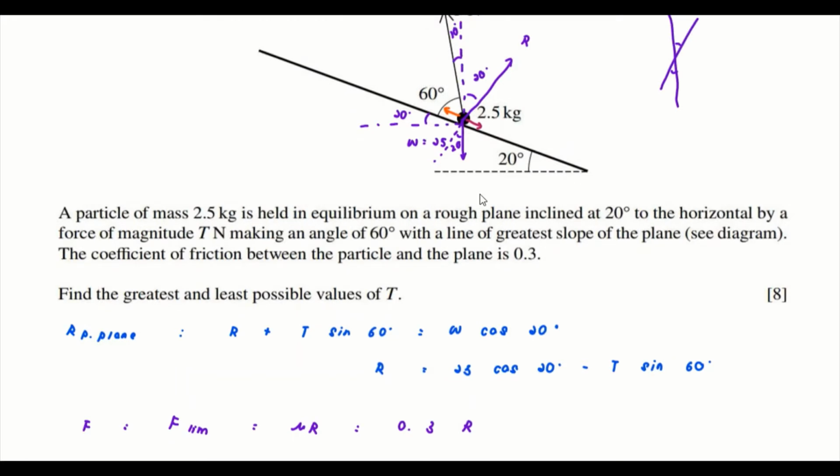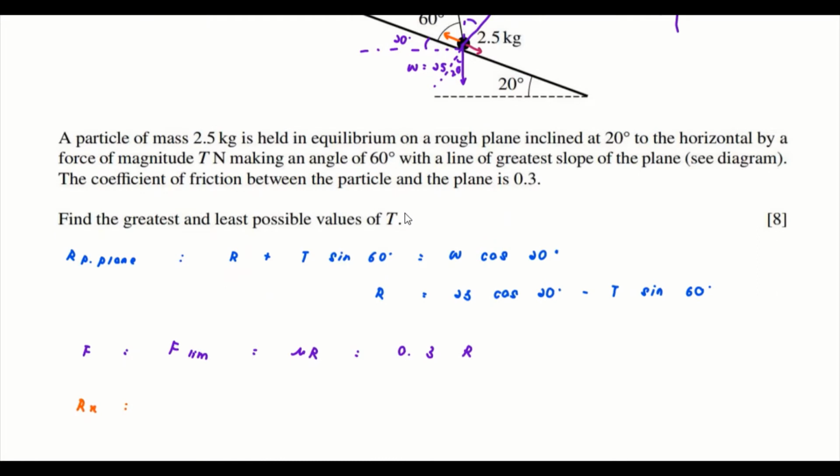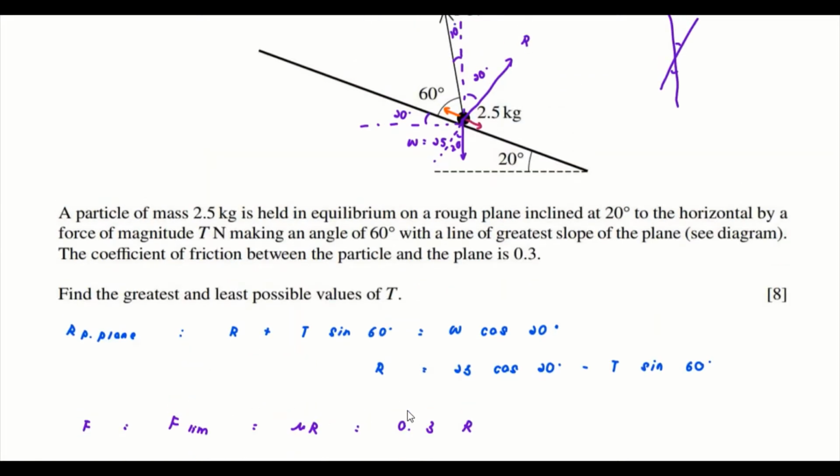So I have, towards this direction, my tension T here, and also my friction. So that's why it's going to be T cos 60 and also F. So I can just write T cos 60 plus F, then it will be equal to, what do I have towards my right hand side?